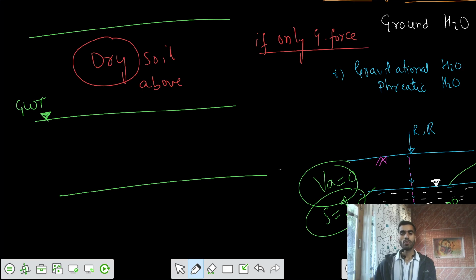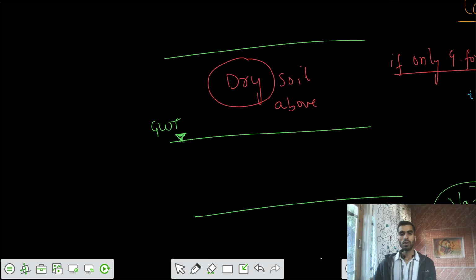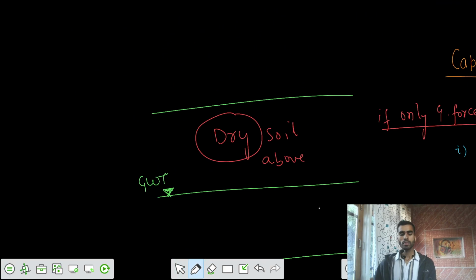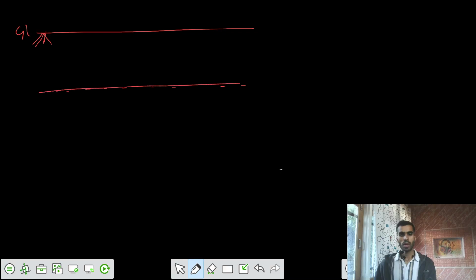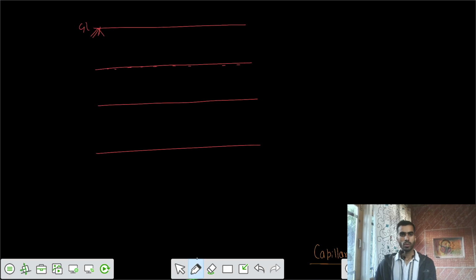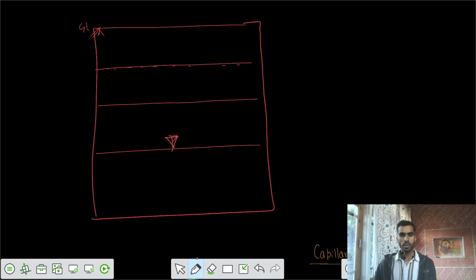But when we observe the actual scenario, the soil is somewhat different. If this is your ground level and this is your soil mass, you have the groundwater table up to this point.